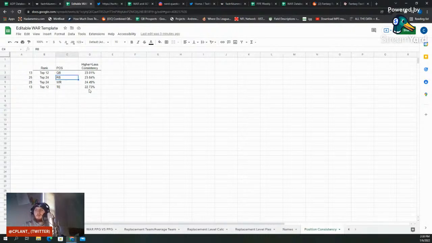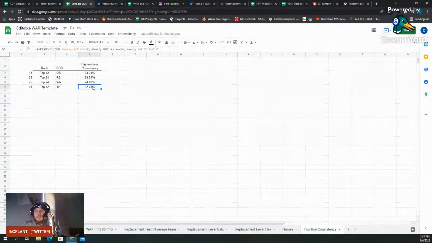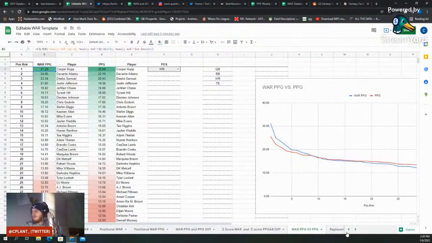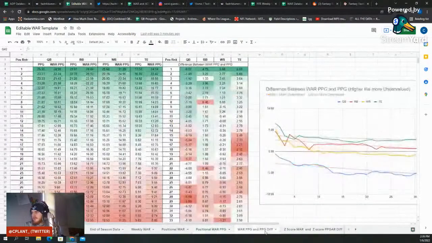All positions at all levels are basically all the same consistency level. I'd take it with a grain of salt. Tight ends and quarterbacks are the most consistent, but it's such a small difference that it doesn't really matter. I thought that was something that was gonna stand out, but it wasn't. And yeah, I think that's the main takeaways from this.